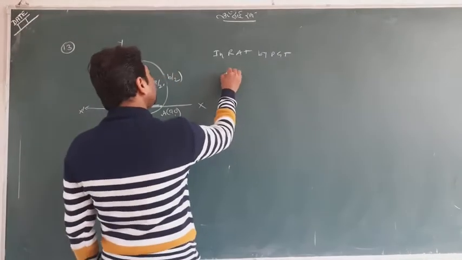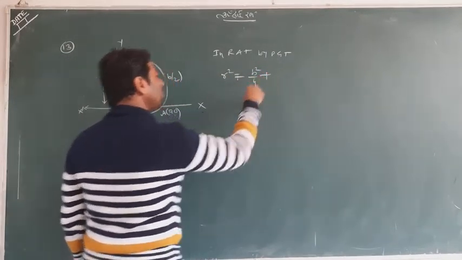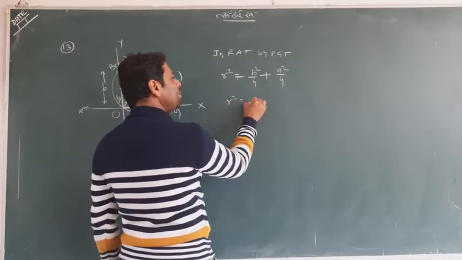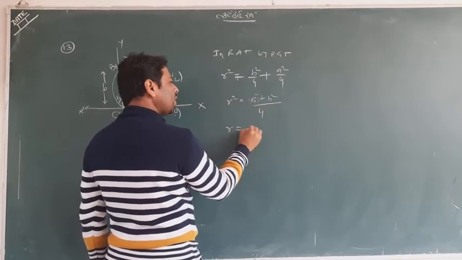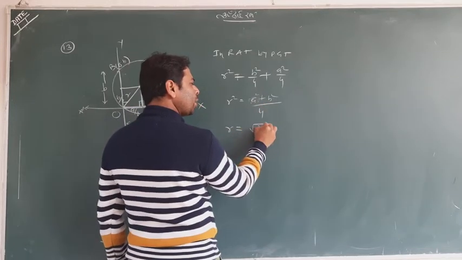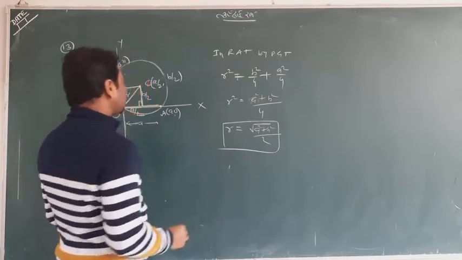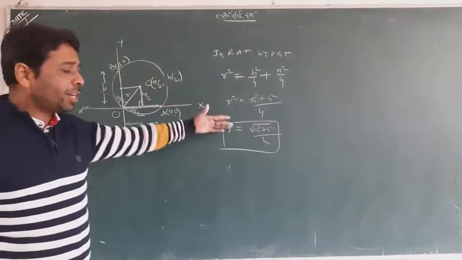So radius square is equal to b by 2 whole square, perpendicular square, plus base square. Ultimately I would have a square plus b square upon 4. So R will be root of a square plus b square upon 2. You have got the radius, and the center is already a by 2, b by 2. Center and radius we know.